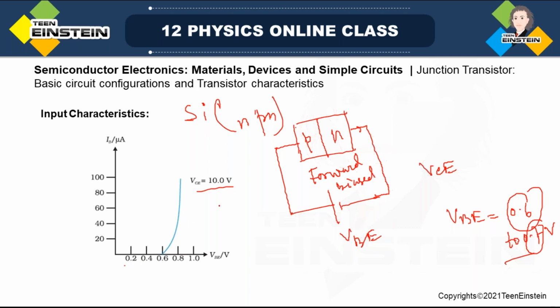So this is similar to forward bias PN junction diode characteristics. You can remember this.